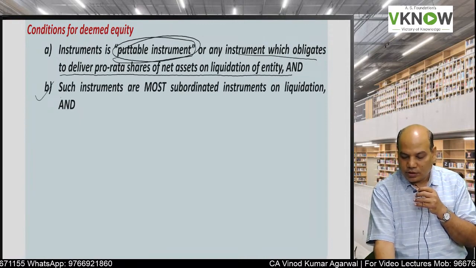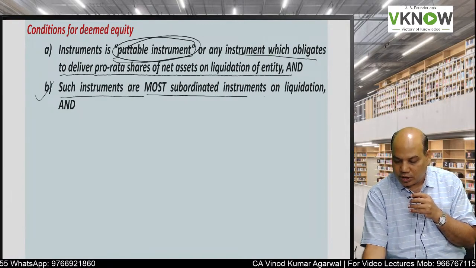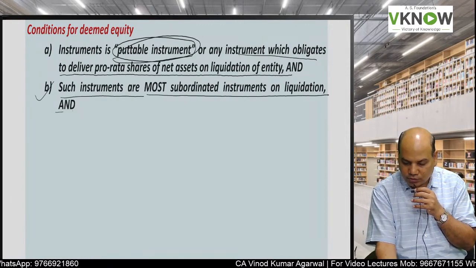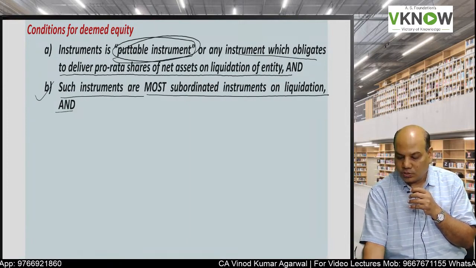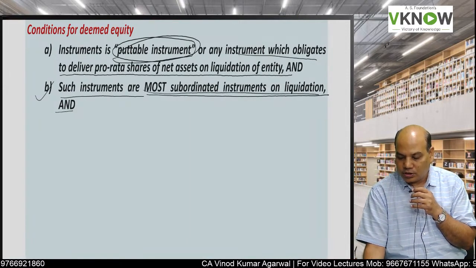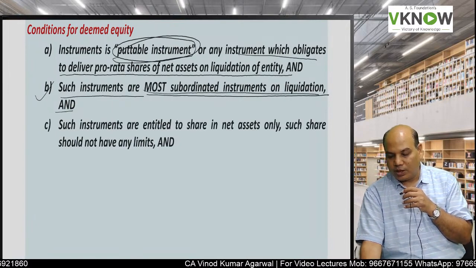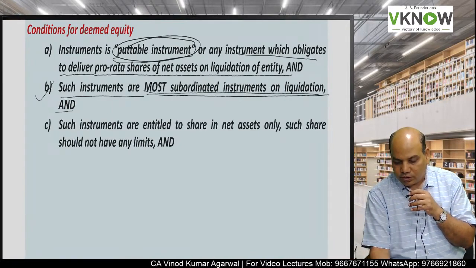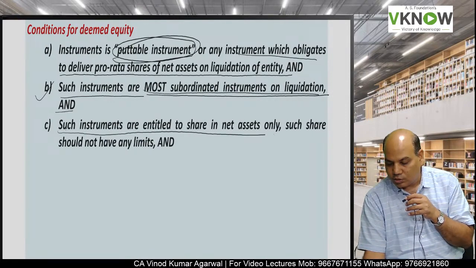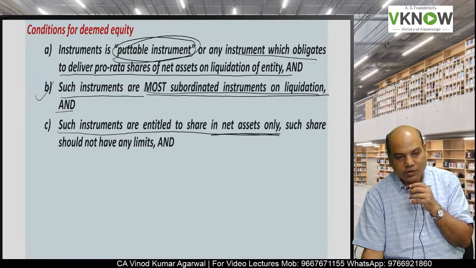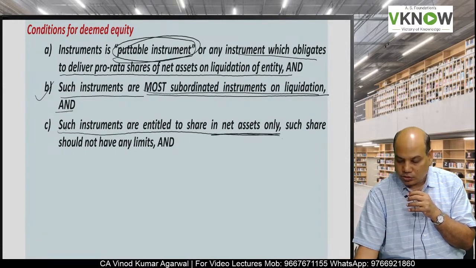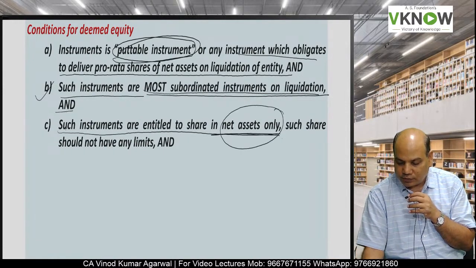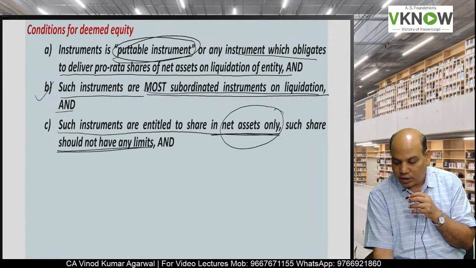The second condition is such instruments are the most subordinated instrument on liquidation. That means they will be paid after all other liabilities have been paid. Such instruments are entitled to share in net assets only, and there should not be any limit.